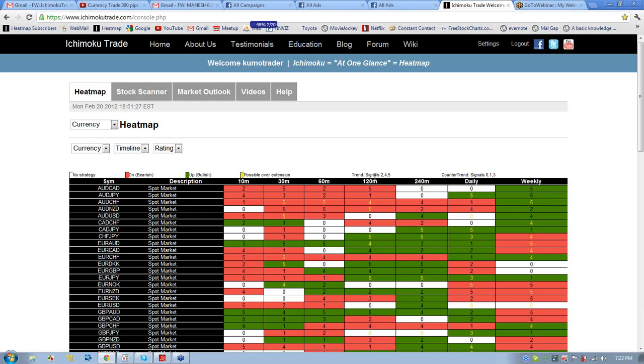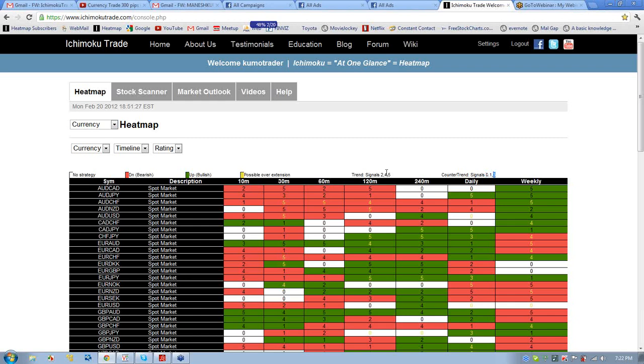So you really want to look for a 2 and a 4 for a trend opportunity. And if you're a counter trend trader, an advanced trader, you're going to be looking for zeros, ones, and threes. I love it when I get a 0 and a 1. Zeros and ones are what I really look for a lot. If I don't find that many zeros and ones, then I'll go to 3.